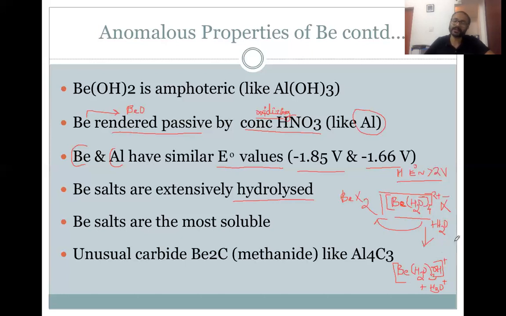Now, why this hydrolysis is so easy is because the bond formed between beryllium and oxygen is so strong that it renders the OH bond relatively weak. So that is why H plus is so easily released, making the aqueous solution slightly acidic.